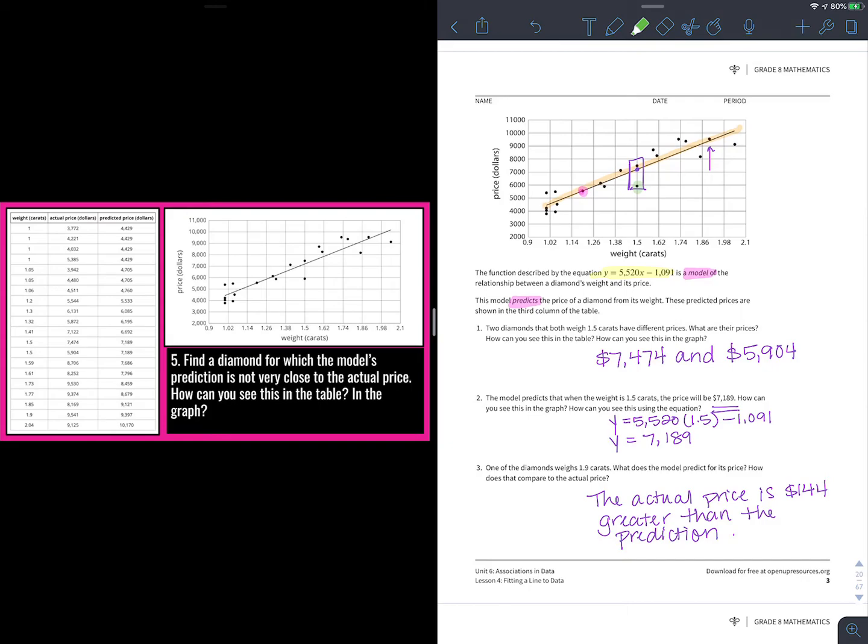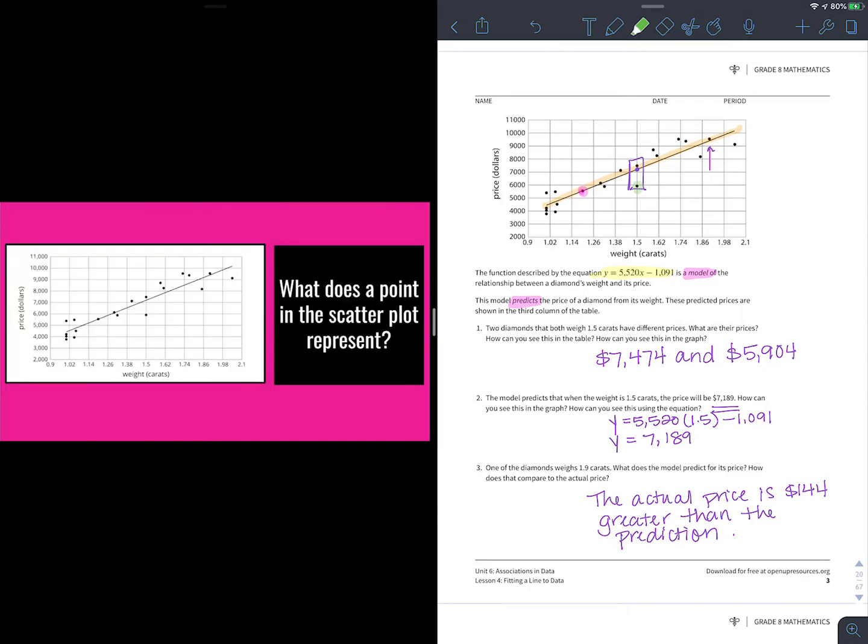So just some summary questions. What does the point of the scatter plot represent? We know that the scatter plot gives us the weight in carats in comparison to the price in dollars. What does the line represent? The line, which is part of our success criteria, talking about modeling, it's a linear model of the situation, which helps us make predictions.